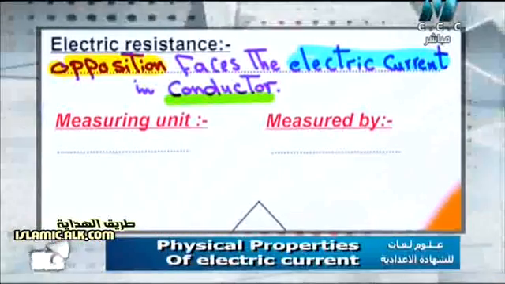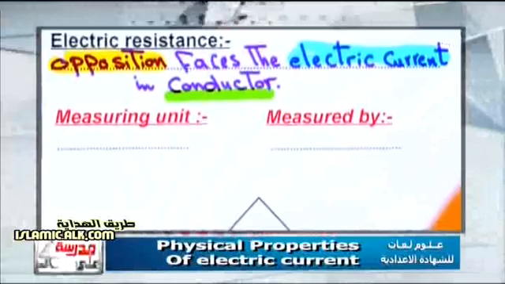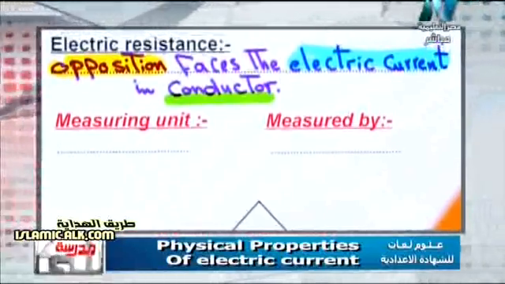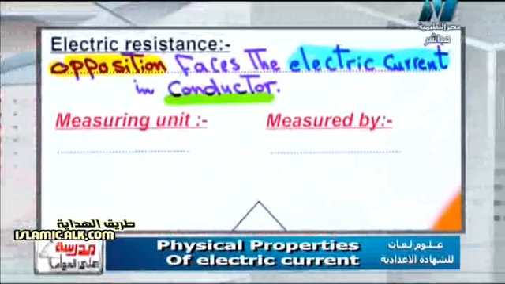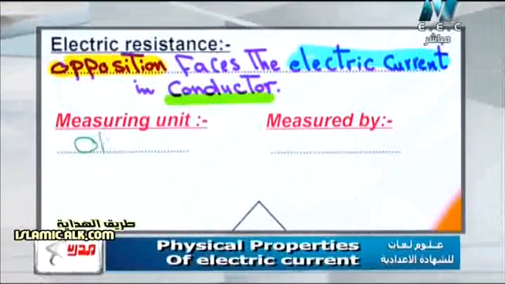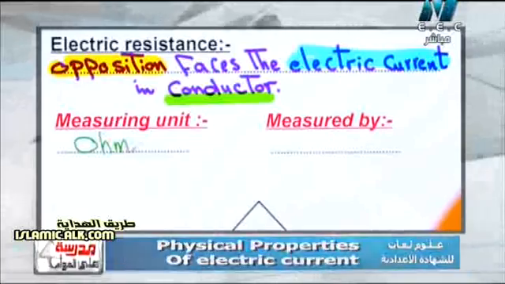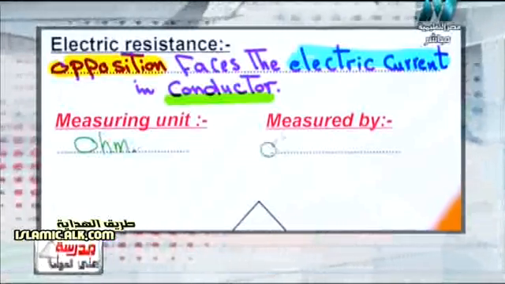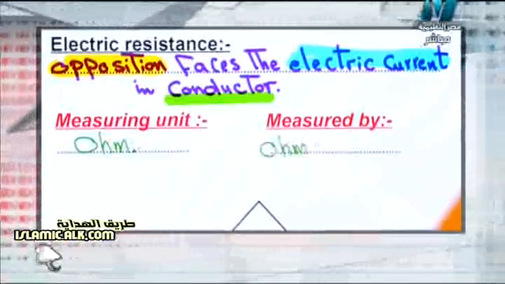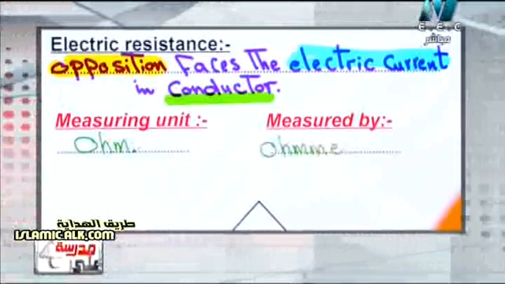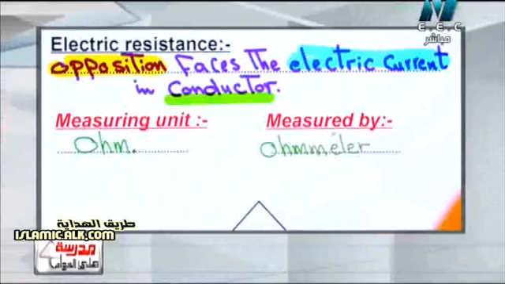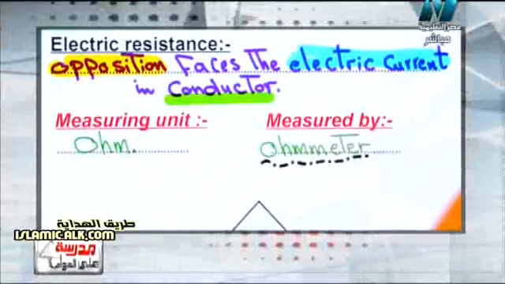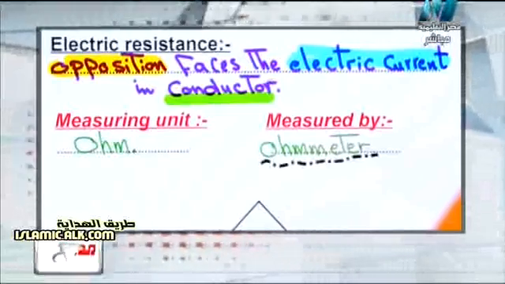So we have to know the measuring unit of electric resistance. Its measuring unit is the ohm, OHM. And it is measured by an ohm meter. Here we talk about a device, جهاز. As we talk about the ohm meter, we talk about the device used to measure the electric resistance.